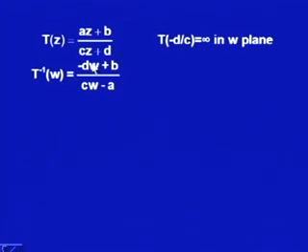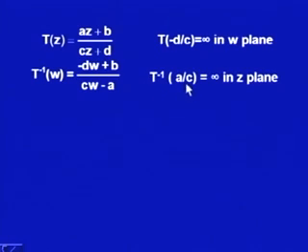In fact, for this mapping, which is not defined at Z equal to minus d by c, if we add a point at infinity in the W plane, then we can say that minus d by c under this transformation will map to infinity in the W plane.